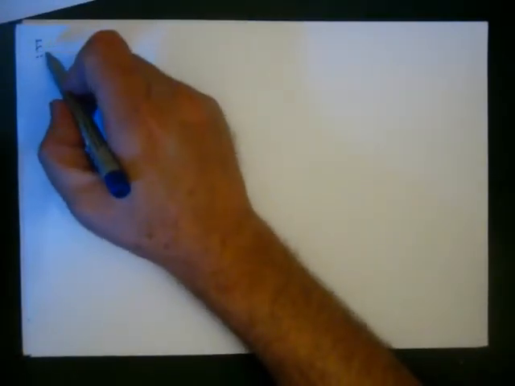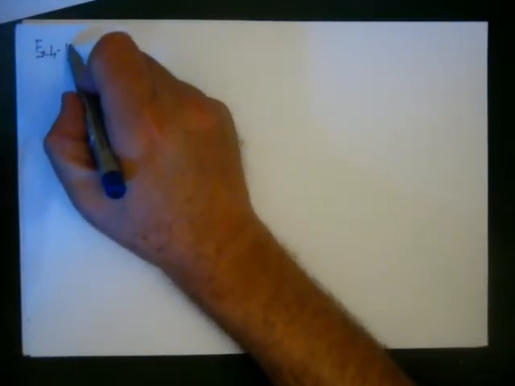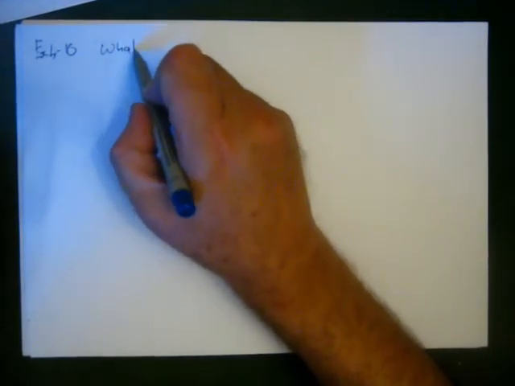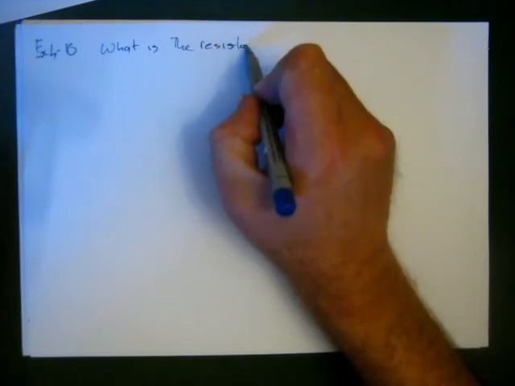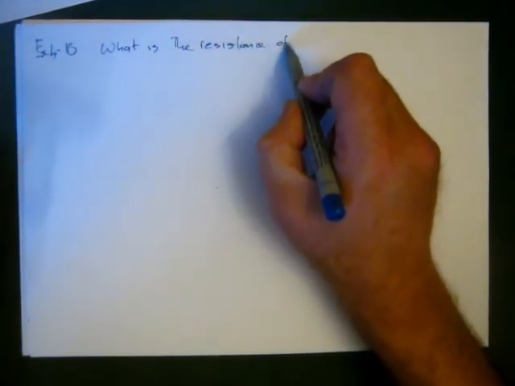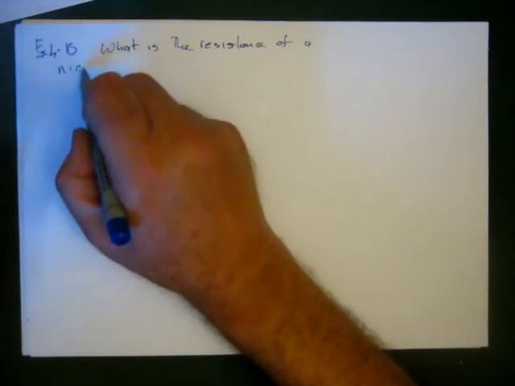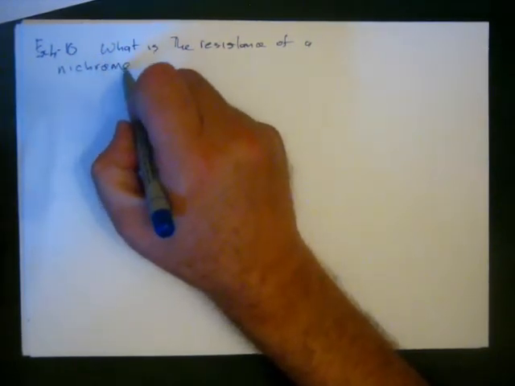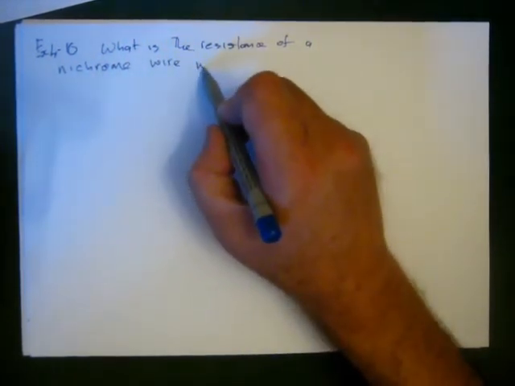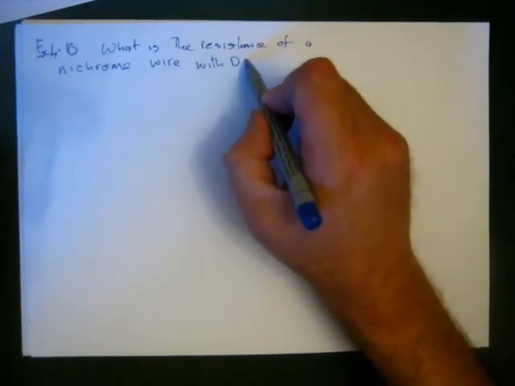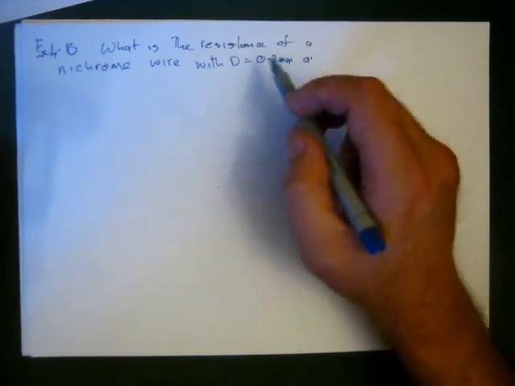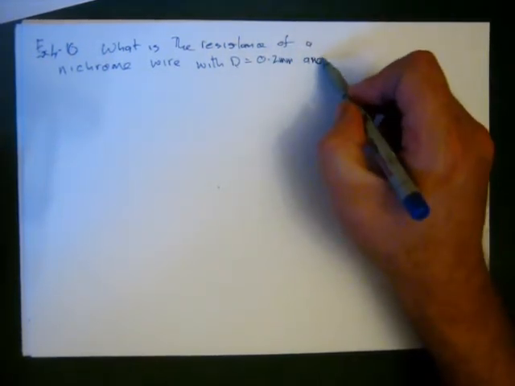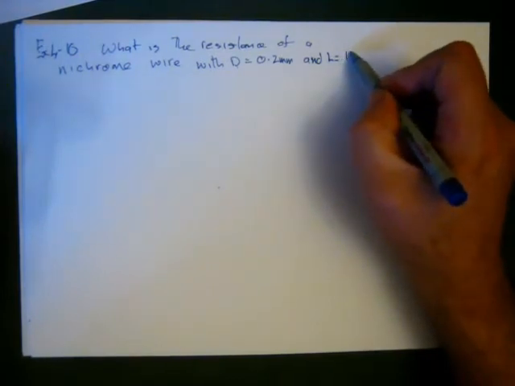Okay, so this is exercise 410. What is the resistance of a nichrome wire with D equals 0.22 millimeters diameter and a length equals 10 centimeters?